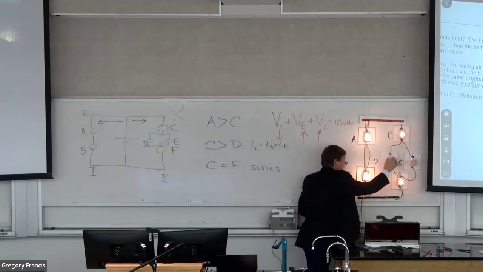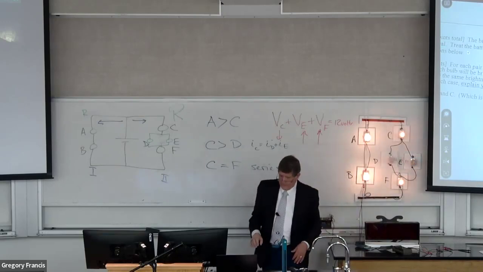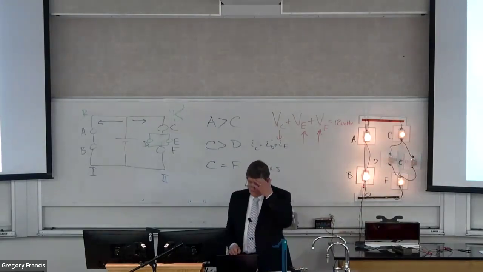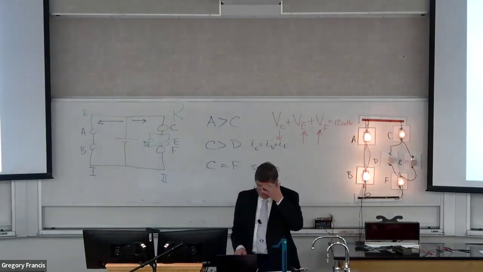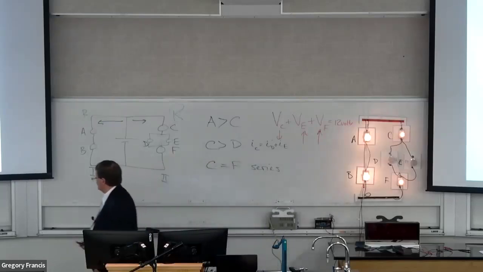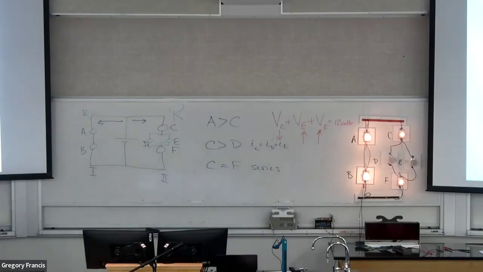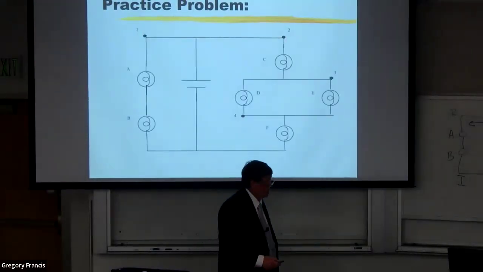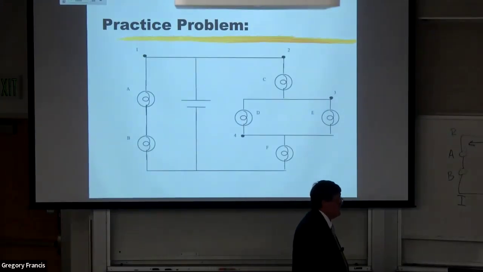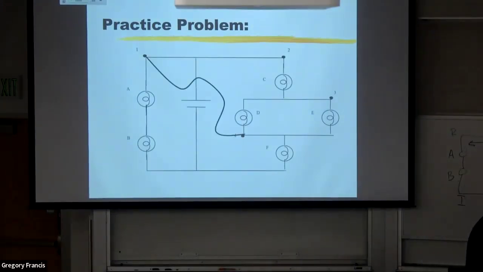Okay. Now, we turn the page over. We put all the bulbs back in, we take away the new bulb, we go back to the original network or circuit. And this time we add a connecting wire, not a nichrome wire, but a connecting wire from point 1 to point 4.